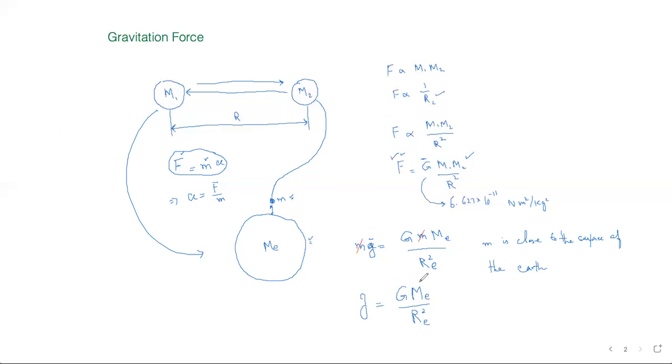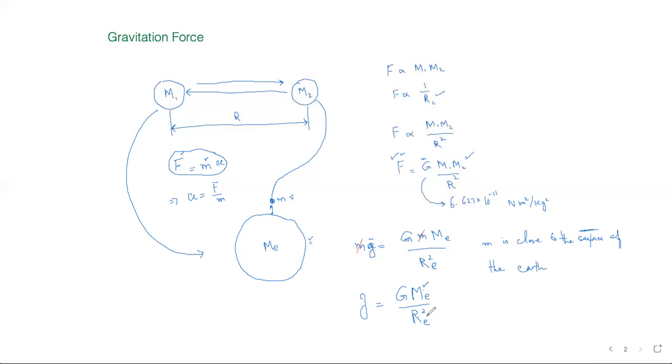Now you can see that the strength of the gravity, when we are close to the surface of earth, mainly depends on the parameters of the earth. What parameters? The mass of the earth and the radius of the earth.